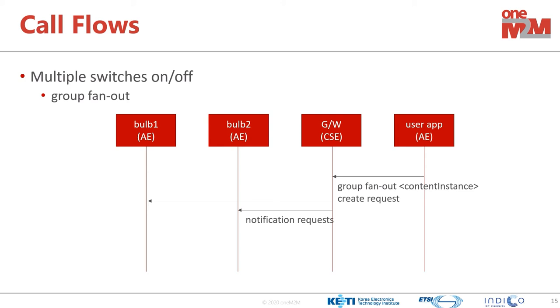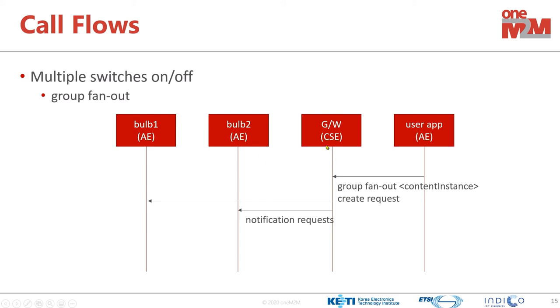And with the group fan-out, we can create the content instances, which is basically the command. Once we send one request to create a content instance over the group fan-out, resources will be created, in this case two times, for bulb 1 and bulb 2.